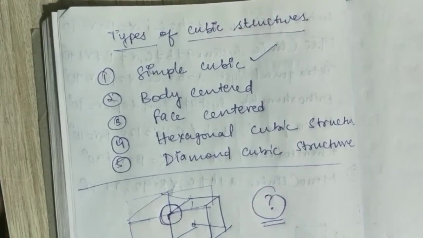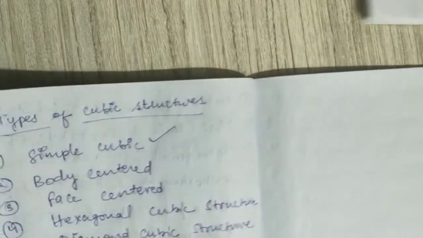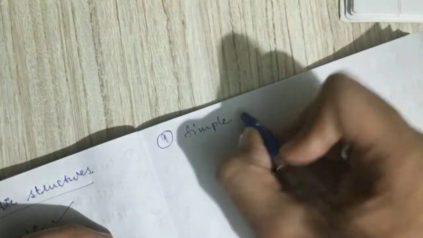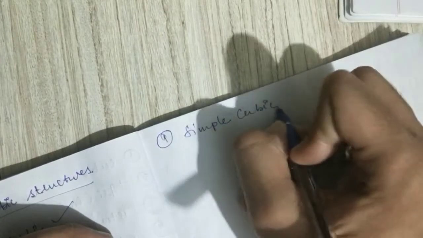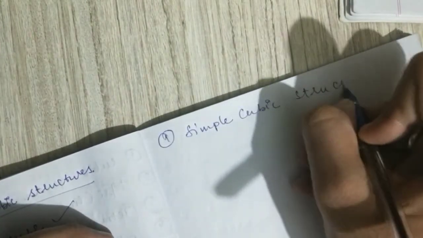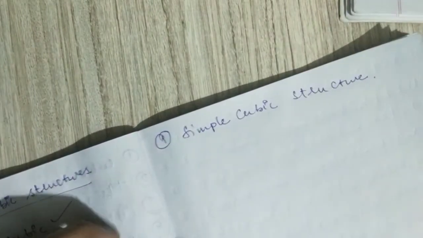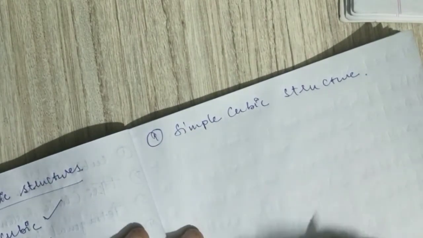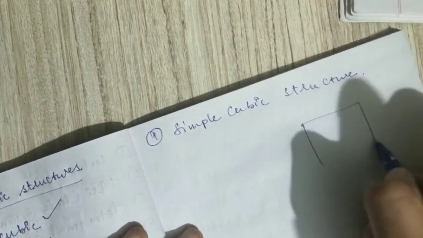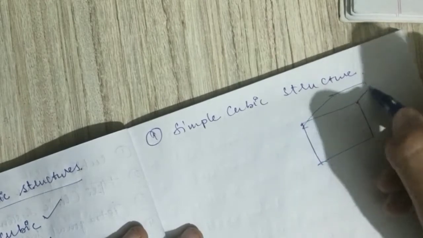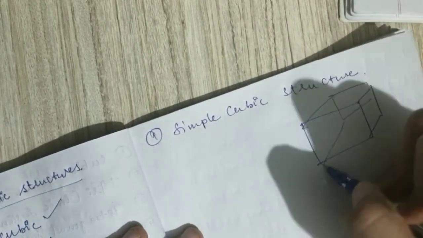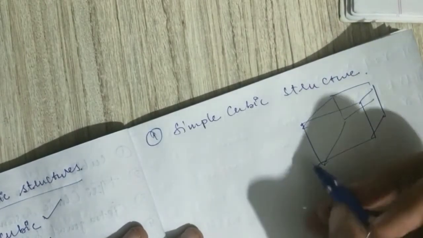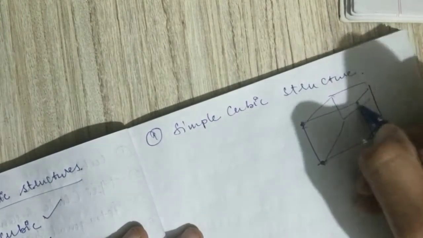And now coming to the simple cubic structure. In this simple cubic structure, each atom is present at a corner.